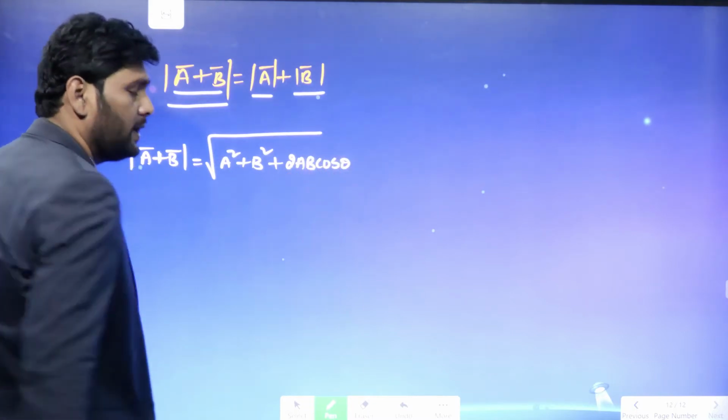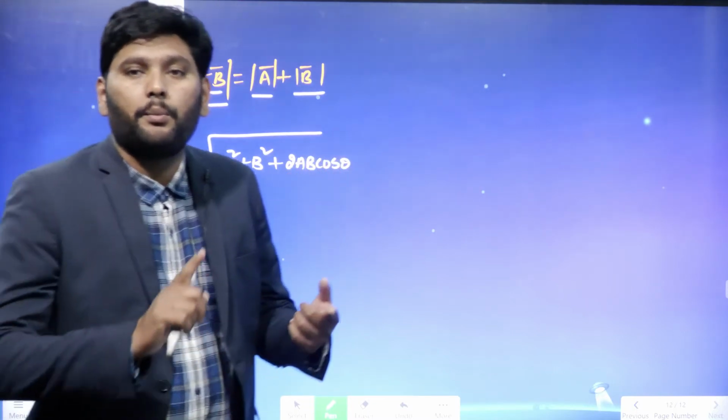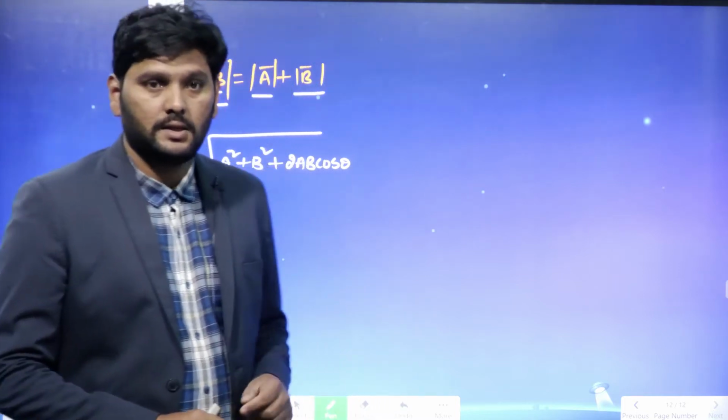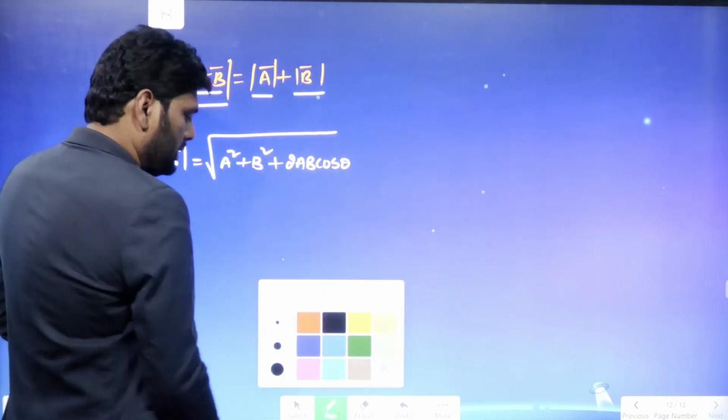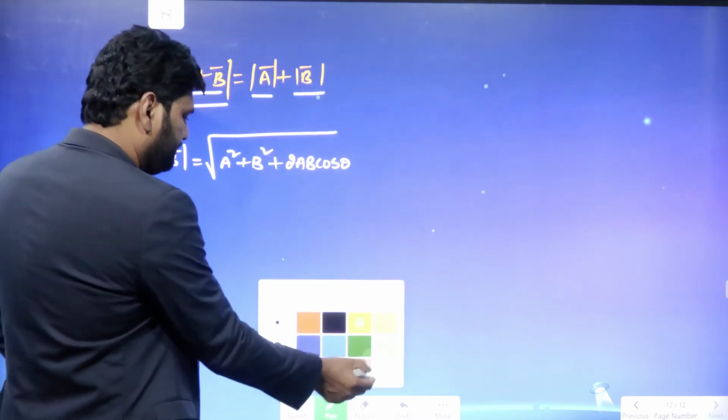This equation you have through the parallelogram law. In the last class we did that.